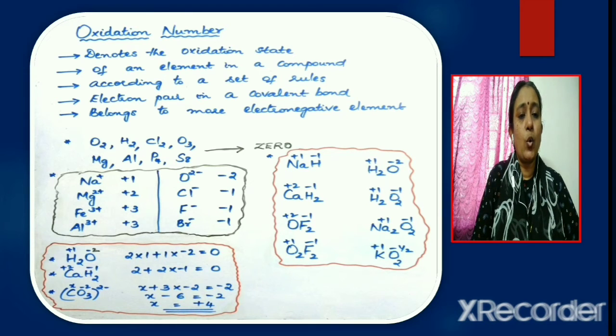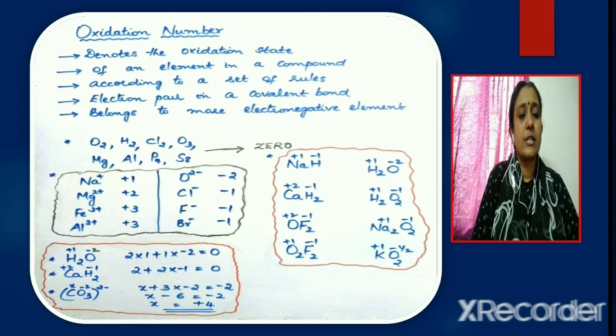Now consider OF2. In this compound, fluorine is more electronegative than oxygen and the oxidation number of fluorine is -1, that of oxygen is +2. So in this compound, oxygen exhibits an oxidation number equal to +2. Now consider O2F2. Here also fluorine is more electronegative than oxygen and exhibits an oxidation number equal to -1.